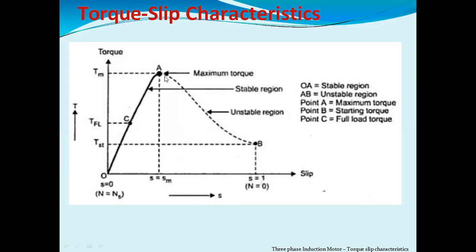So we call the region A to B an unstable region, because here the value of torque is decreasing. But from point C to A, the value of torque increases. That's why we call the region from O to A a stable region. And at point A the torque is maximum, so we call it the maximum torque.